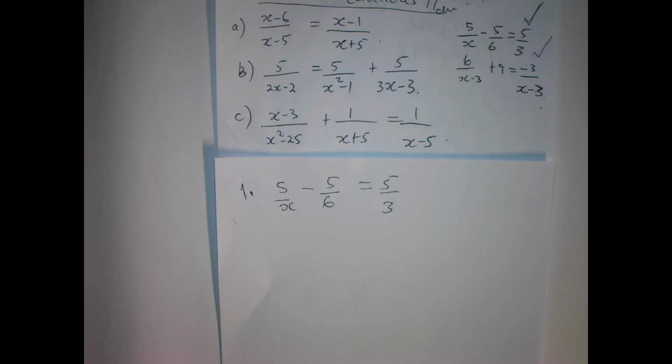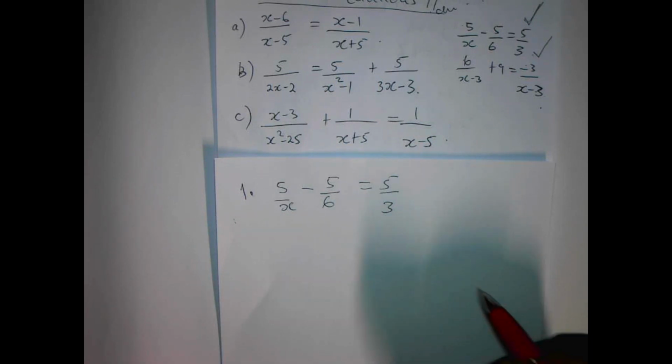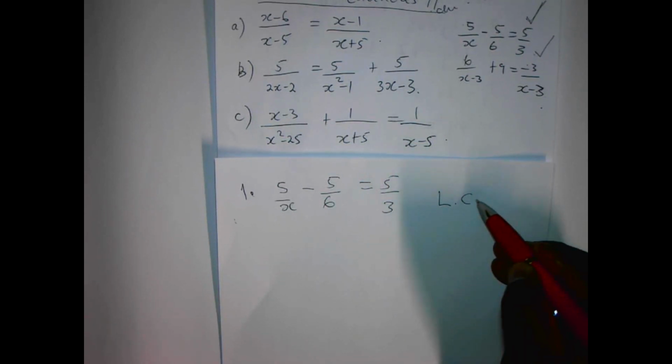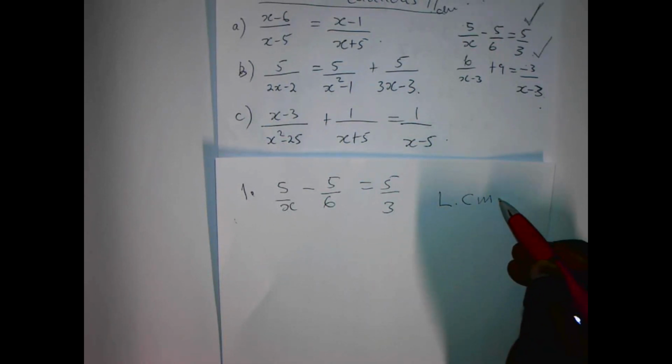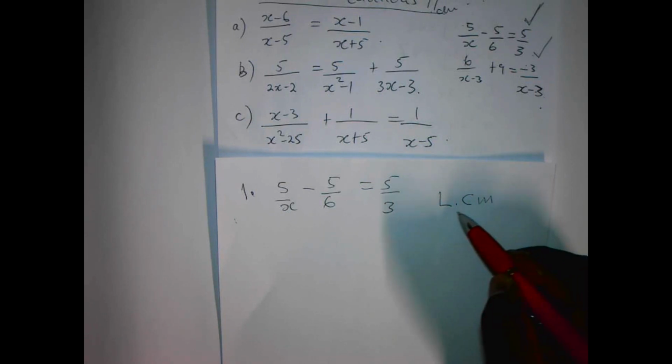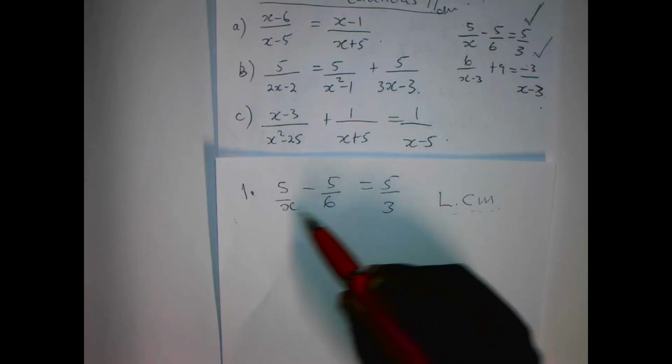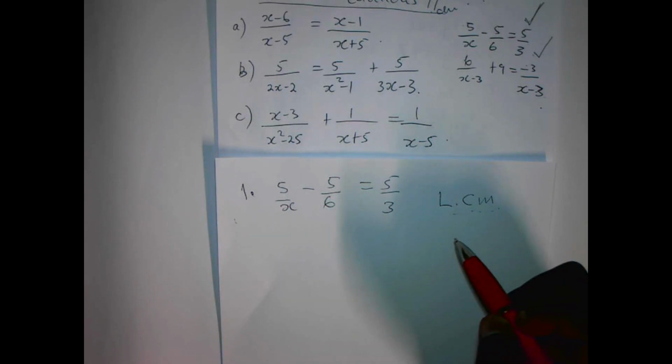We need to multiply each of the terms in the equation by what we call the LCM. So what is the LCM? The LCM stands for lowest common multiple. So the lowest common multiple is that term which can be divided by each of the terms in the denominator.